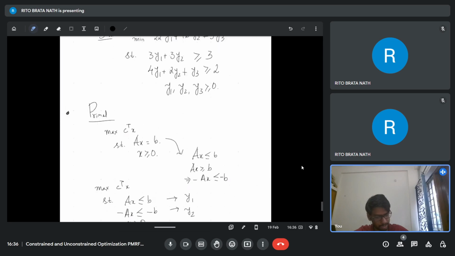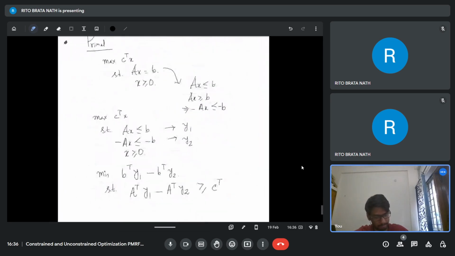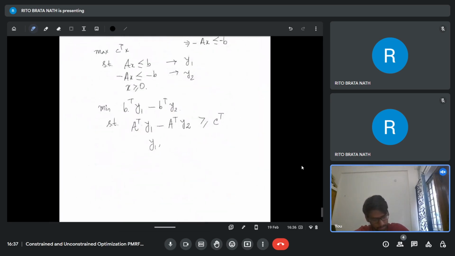In addition, Y1, Y2 are greater than or equal to 0.